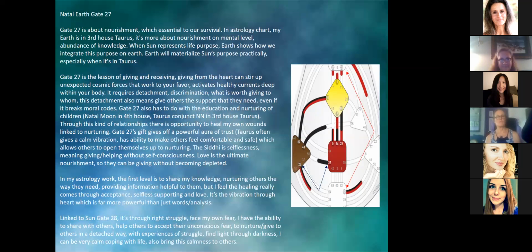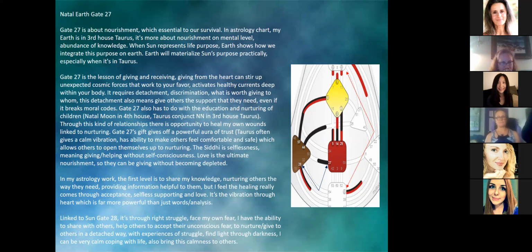So I feel the 3rd house speaks to me, the nourishment is more on a mental level. It's abundance of knowledge. While the sun represents life purpose, Earth shows how we integrate this purpose on Earth. Earth will materialize the sun's purpose practically, especially when it's in Taurus.